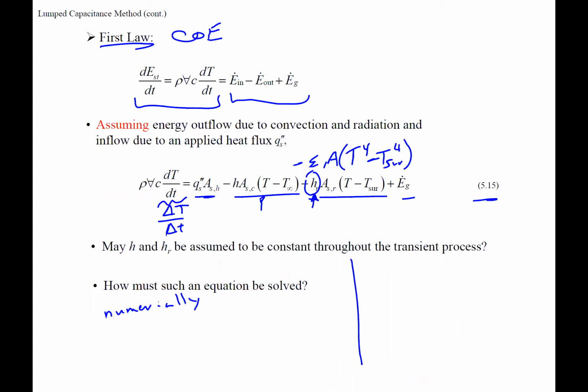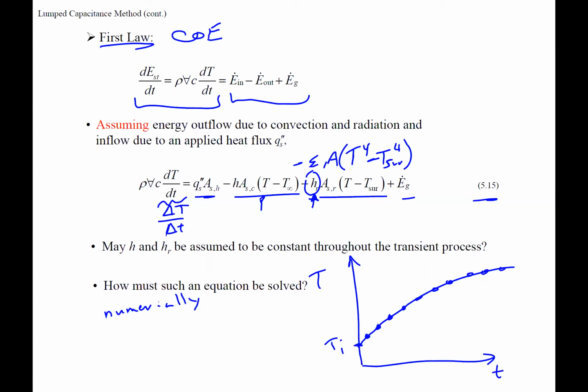So if we looked at time versus temperature, say we're at some initial value. We would march through time and solve, maybe in Excel, solve for this one, and this one, and this one, and kind of march through.